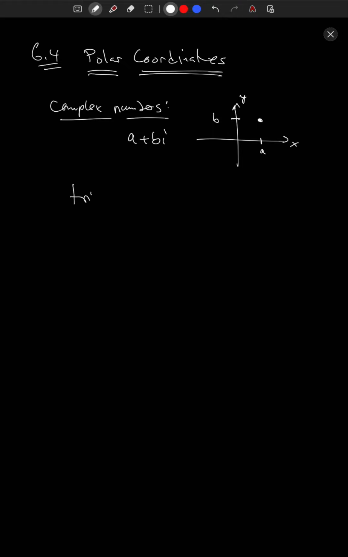There was also a trig form, where instead of thinking of it as a steps to the right and b steps up, the same point would be described by r, which is this distance here, the length of the complex number, and theta.